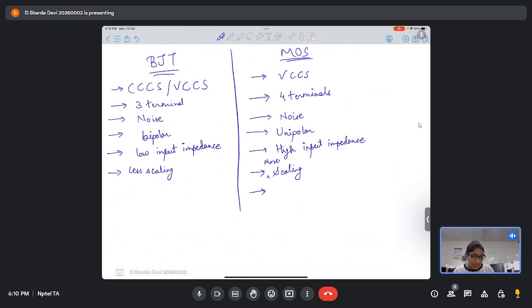But MOSFET can also be used in analog circuits. Correct, according to current industrial requirements. So we can write it as digital and analog, because we cannot ignore the analog counterpart, right? Correct. So here it's only for analog.